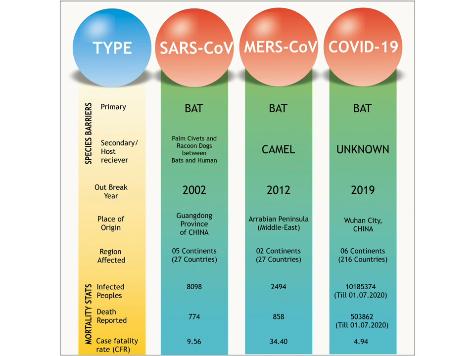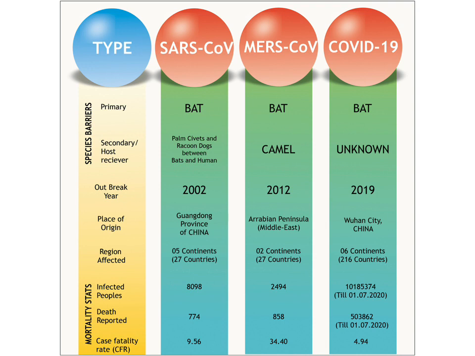So if you look at these side-by-side comparisons, and you go down to the bottom, it's interesting that the number of people infected, COVID-19, far outstrips MERS and SARS. You look at the number of deaths, again, COVID-19 is far ahead of the others.